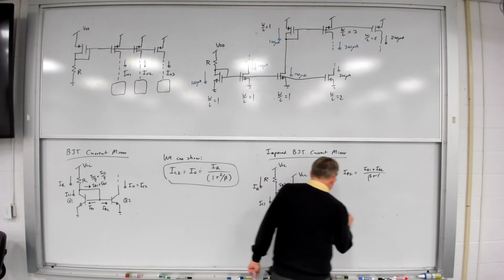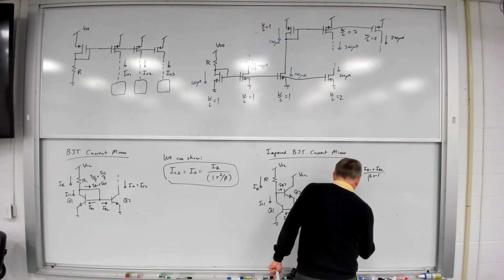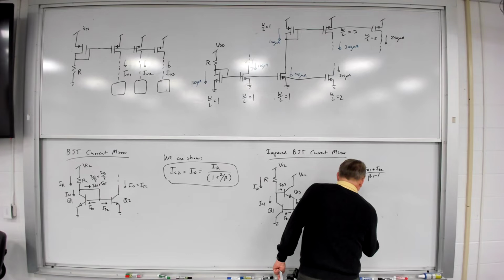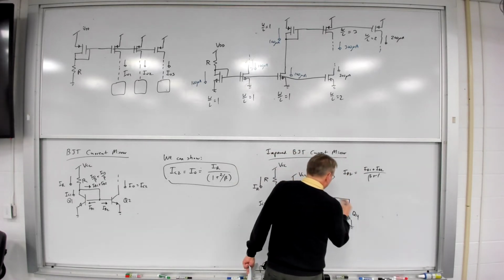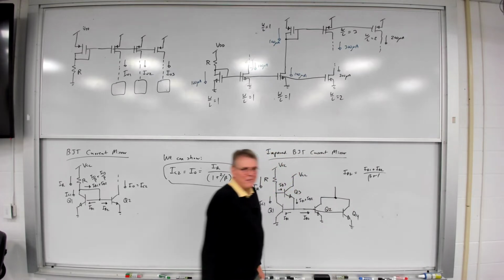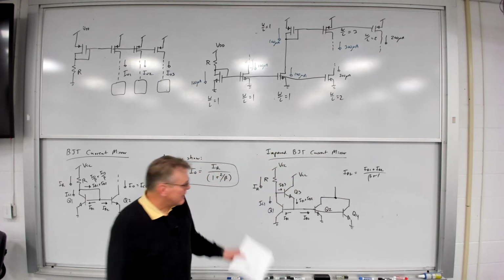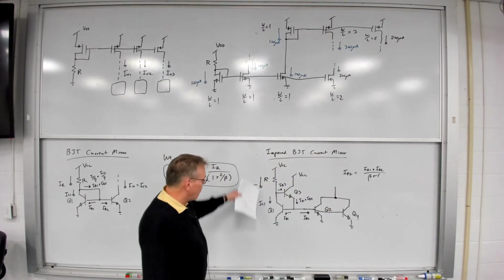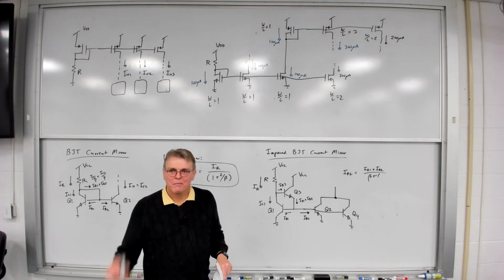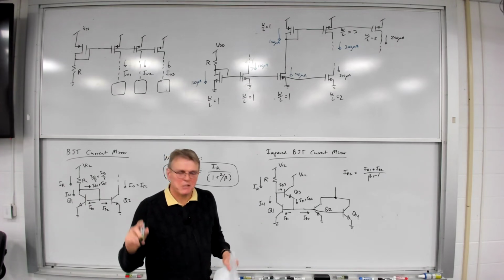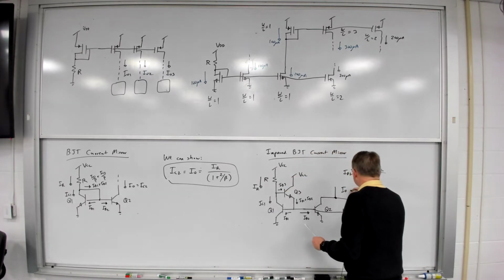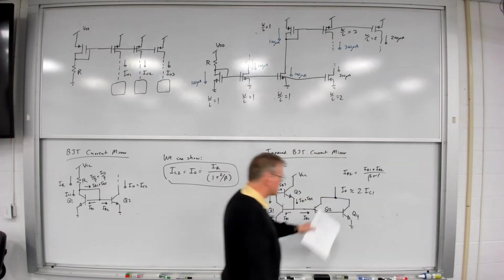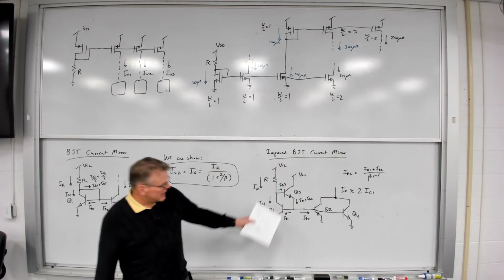What if I did this? Let's take a Q4. Let's just connect them together, right? Now each of these, Q2 and Q4, is now, in effect, mirroring IC1. So now what I've got is I0, which is approximately equal to 2 times IC1, just by connecting those together. And I can add 3 or 4.